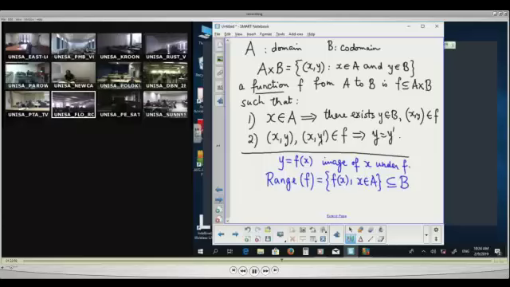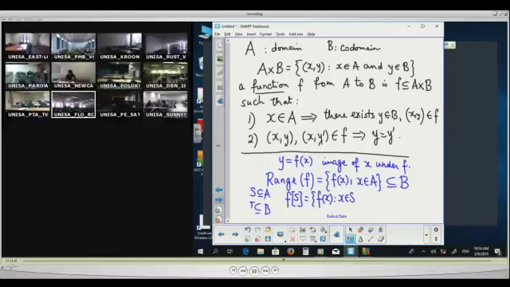Given any subset S of A and a subset T of B, F of S is the collection of all the images when you take X from S. So what is F bracket S?